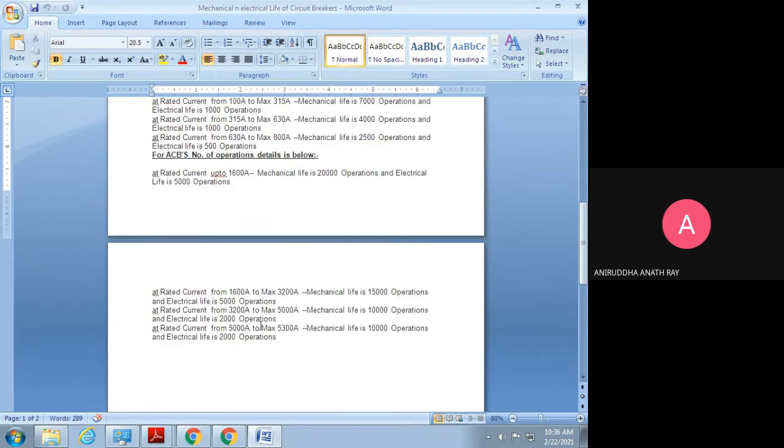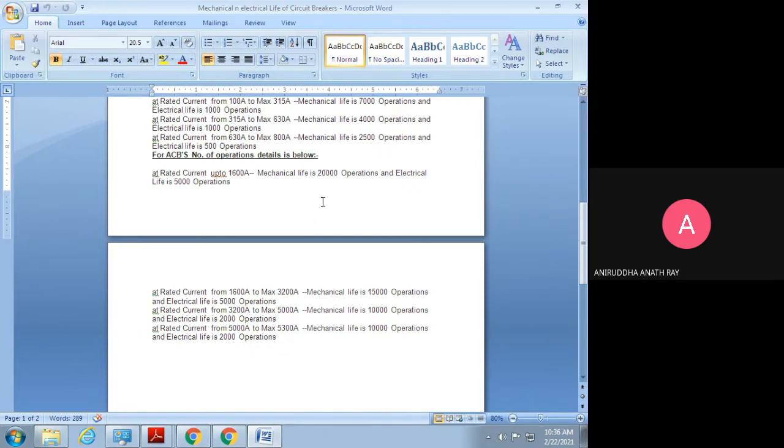Now for an air circuit breaker, the number of operations is as follows. Rated current up to 1600 ampere: mechanical life is 20,000 operations, electrical life is 5,000 operations.